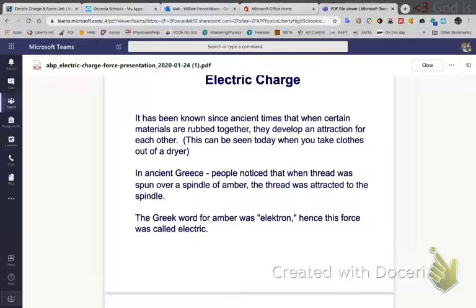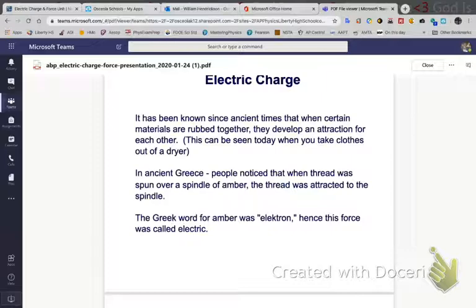Now today you would see this while you're at home doing laundry and you take clothes out of the dryer. You may see that some of the clothes want to stick to each other, okay, have static cling, if you will. And this is some of the same effect that's going on.